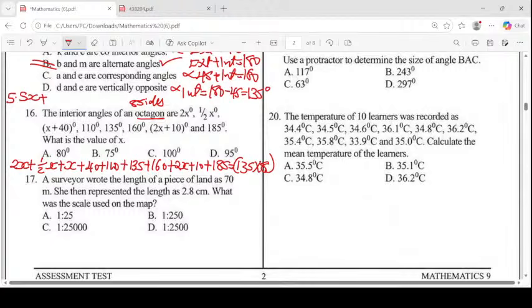This becomes 640, should be equal to 135 multiplied by 8, that is 1080.